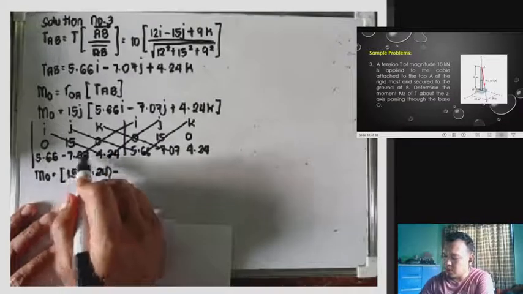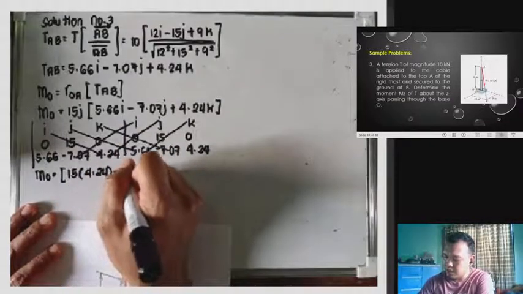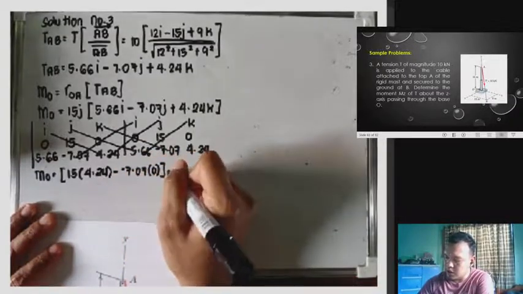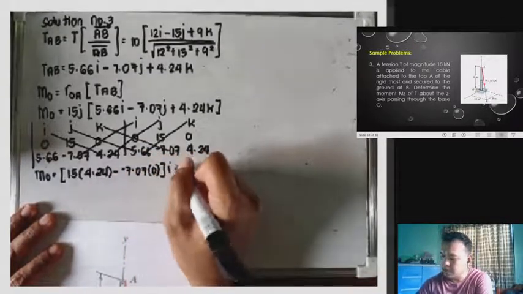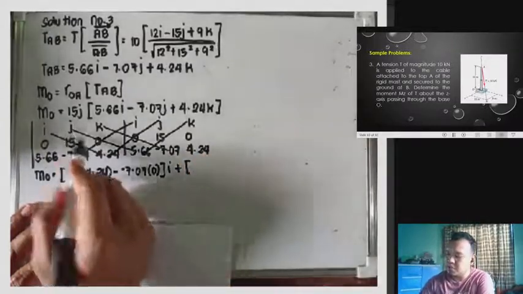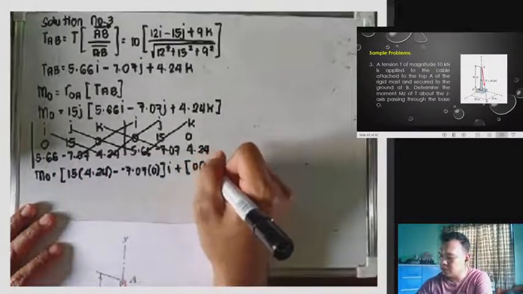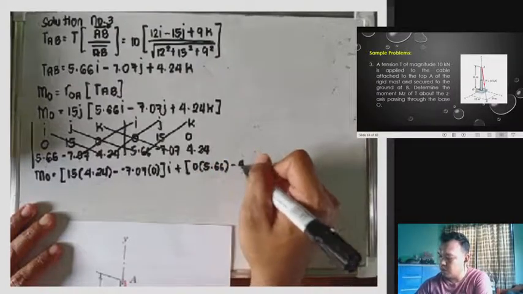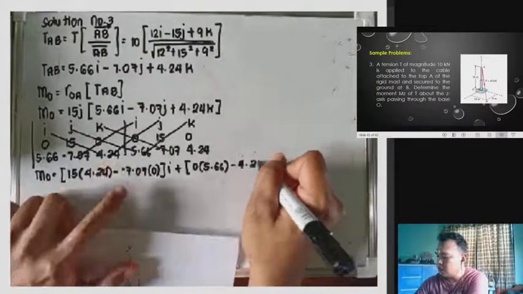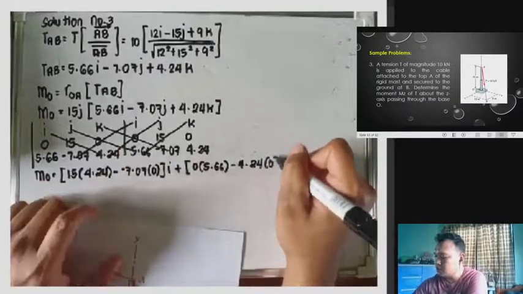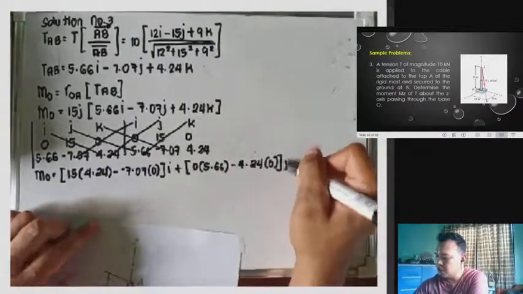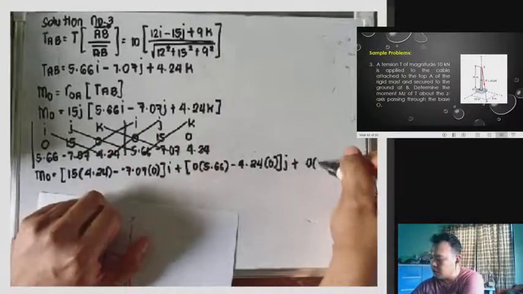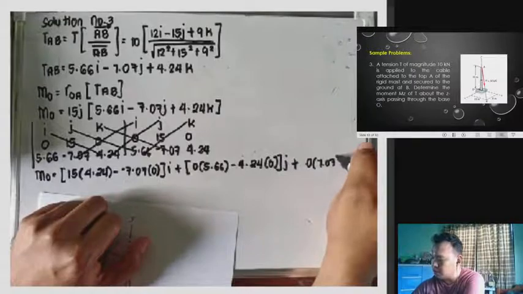Minus, ito po, negative 7.07 times 0, quantity I, plus, J naman po tayo, 0 times 5.66 minus 4.24 times 0, J, plus, yung K po natin is 0 times 7.07 negative.